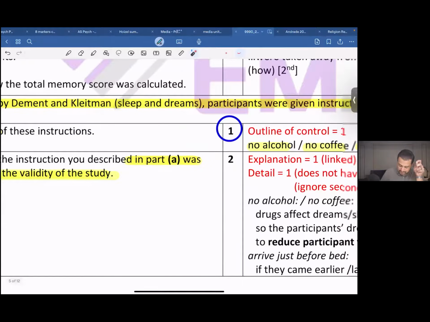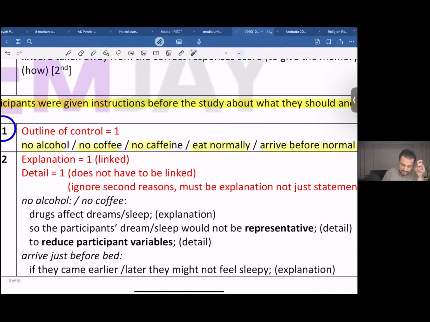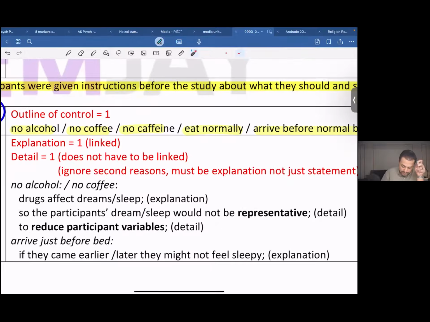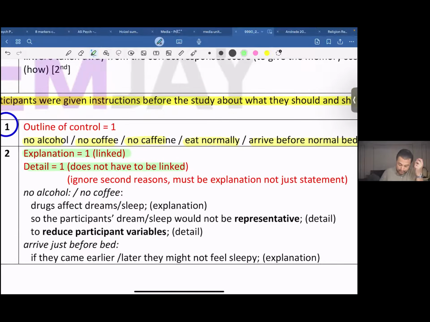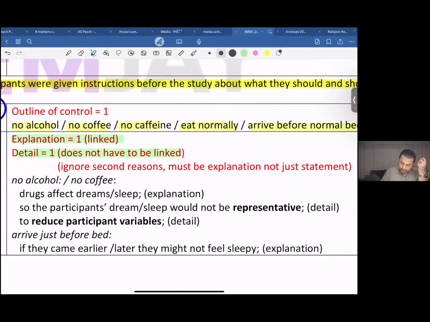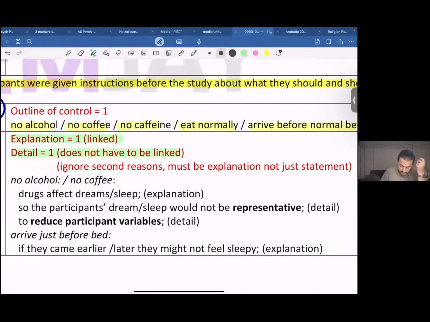This being a 2-mark question, the first mark you receive is for the explanation, the second for detail. If you provided a detail that does not have to be linked, you get a single mark. But of course, to be able to score 2 out of 2, you need to be sure about what you're writing, and you need to give the examiner the answer that fulfills the requirement of the question.